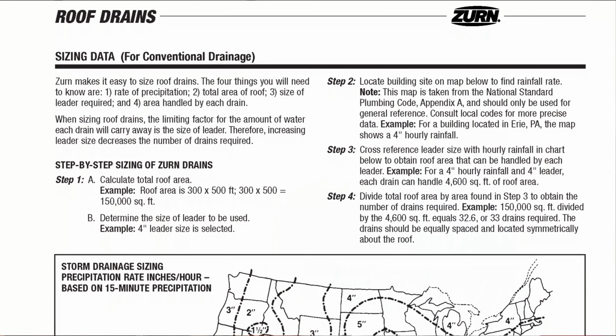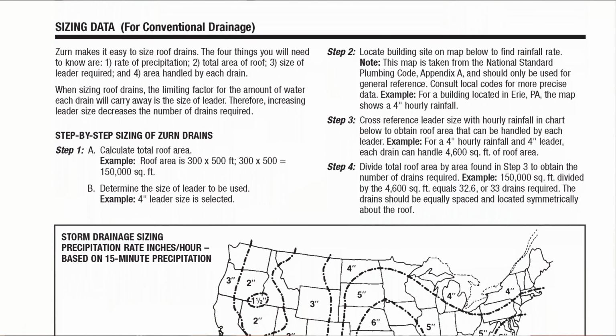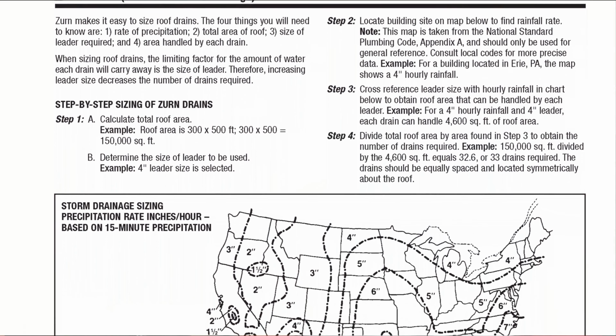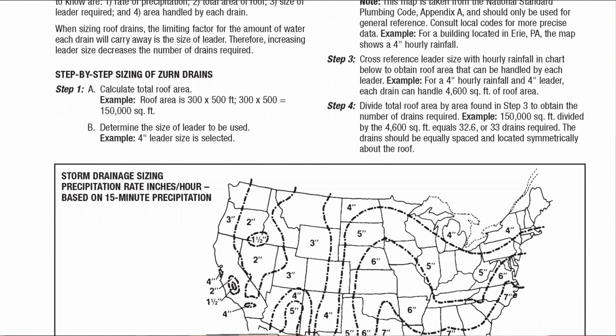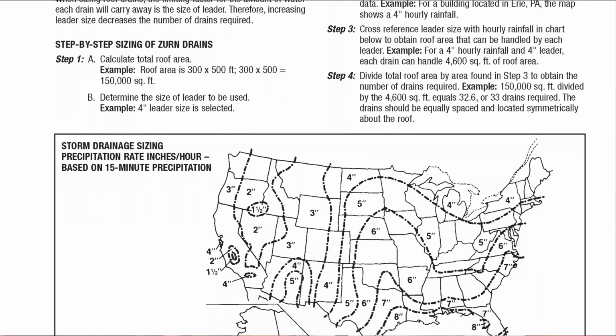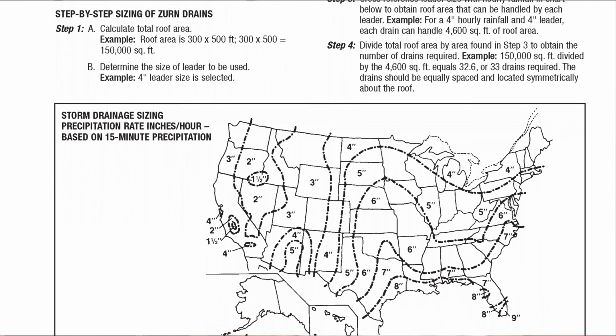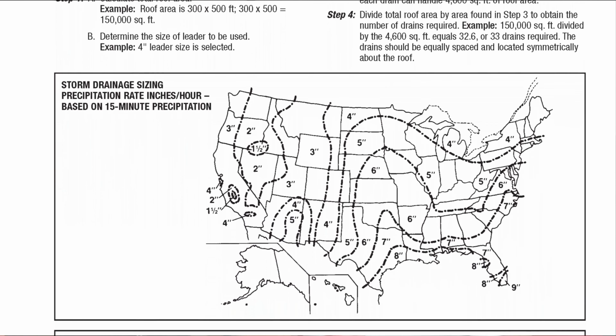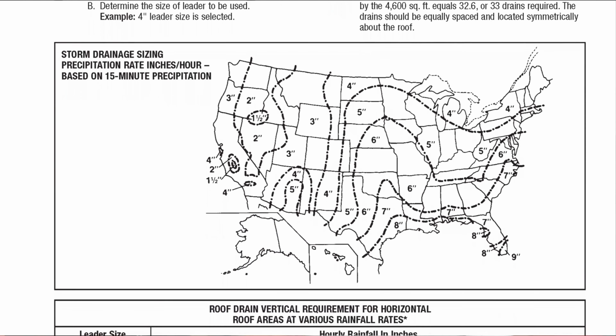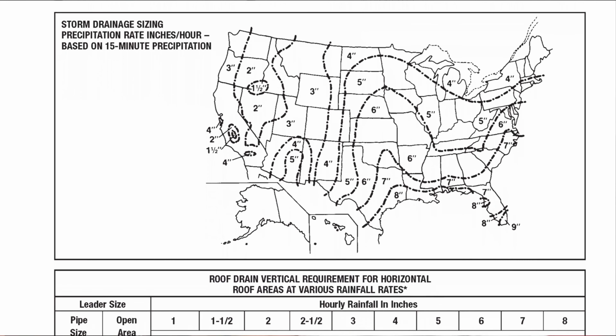Now, I found a one-page cheat sheet, if you will, published by a plumbing supply company in Pennsylvania. And it spells out 4 steps. The first one, you've probably already done. Calculate the roof area. Then you locate the building site on a map that shows national regional rainfall rates.